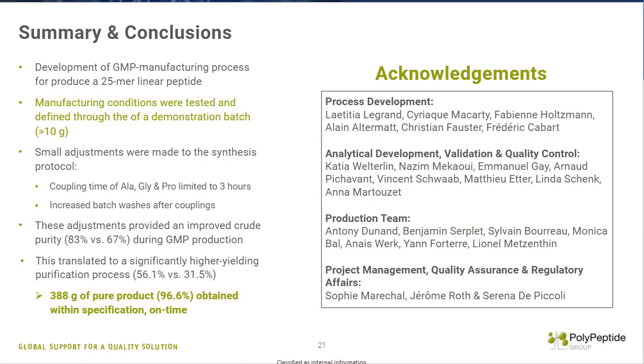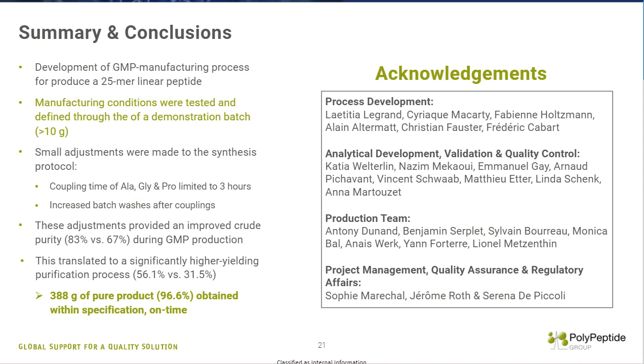So that brings me to the end of my talk. Just to summarize a little bit, we developed a GMP manufacturing process for a 25 linear peptide. We established manufacturing conditions by first testing through a demonstration batch, producing about 10 grams of peptide.